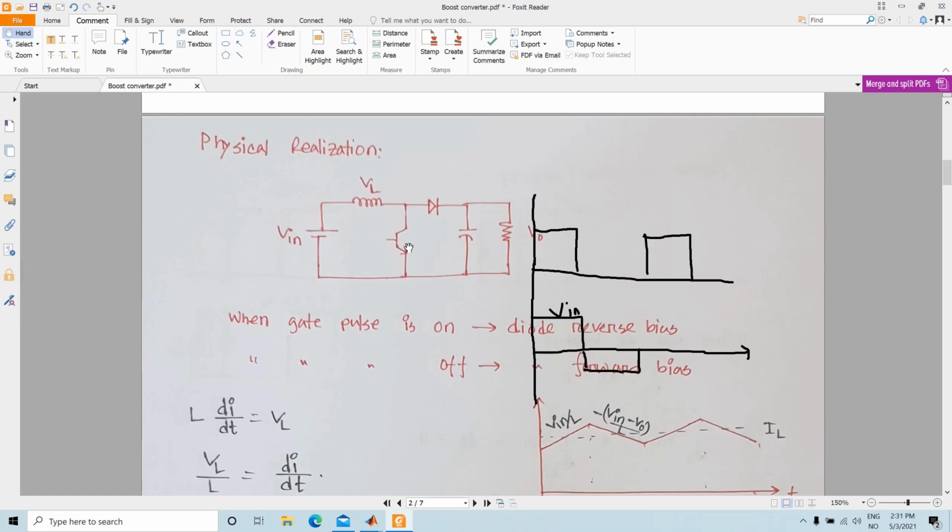Now, as I said in the previous classes, in the class on the buck converter, the challenging part here is that these stray resistances not only reduce the efficiency of the system, but also increase the temperature of your circuit.